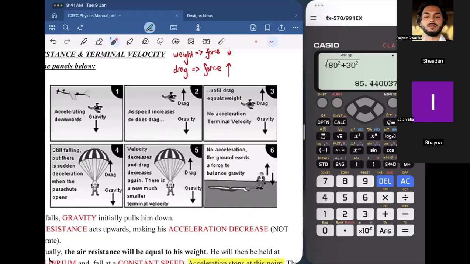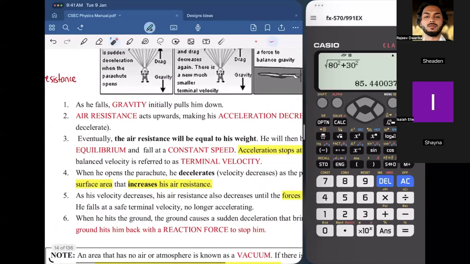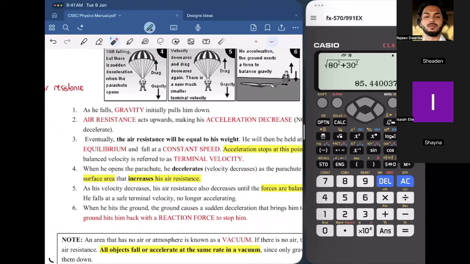So it reaches a point where what happens? It reaches a point where they're equal to each other, the drag on the weight. Now it cancels. And so the net force on the body would be zero, so it wouldn't accelerate. So terminal velocity, it would just be gravity pulling you down. Yeah, you can think about it like that. You wouldn't be accelerating. You'd be moving at a constant speed.